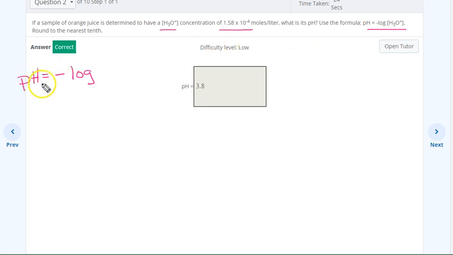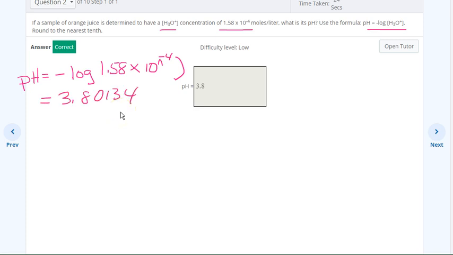So pH equals, now here we have to use the negative log, and then we just type in this 1.58 times 10, and then caret, negative 4, and then close this, and there's usually a parenthesis that forms here, and I'm going to do that as well and check it out.